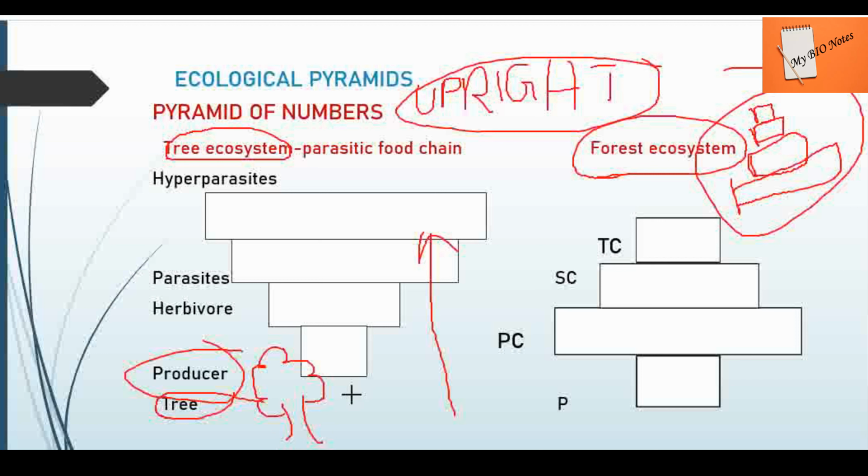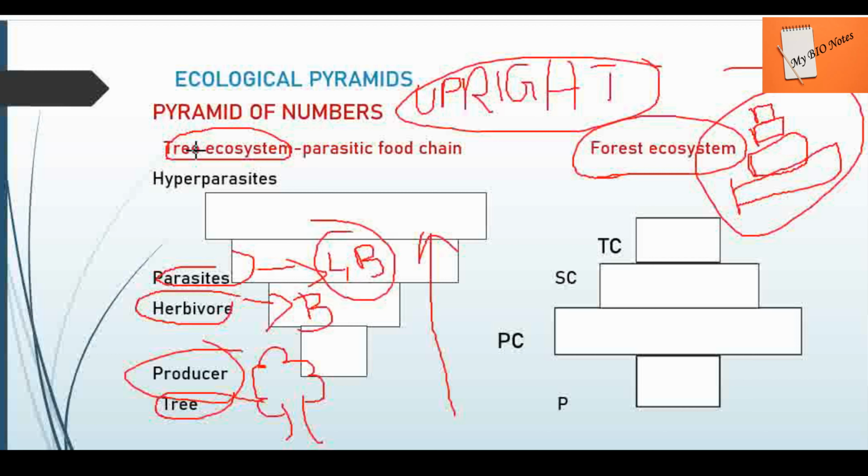What all do you find on a tree? There will be herbivores, which eat the plant parts, right? Yes, surely a tree will have them. And there will be parasites, and you can say birds too as they feed on herbivores. Parasites means lice and bugs in a tree ecosystem. There will also be hyperparasites that feed on lice and bugs, such as fleas or any microbes. This is in the case of the tree ecosystem.